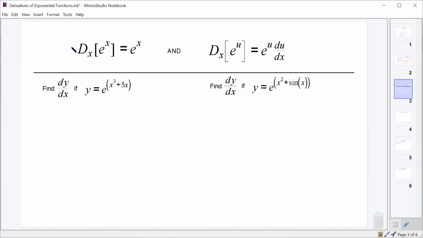Right, so I want you guys to see if you can do these. Take a minute or two and see if you can find the derivatives of these.